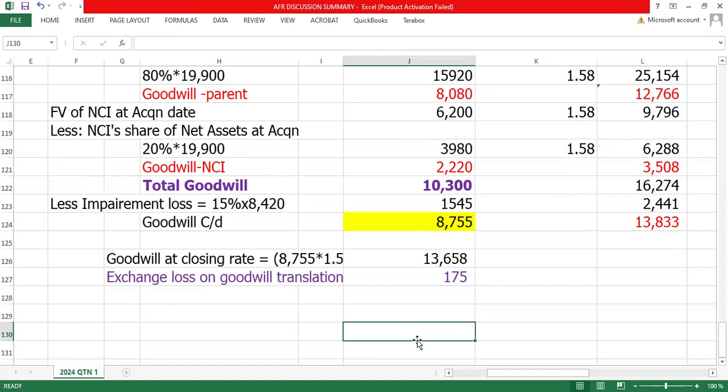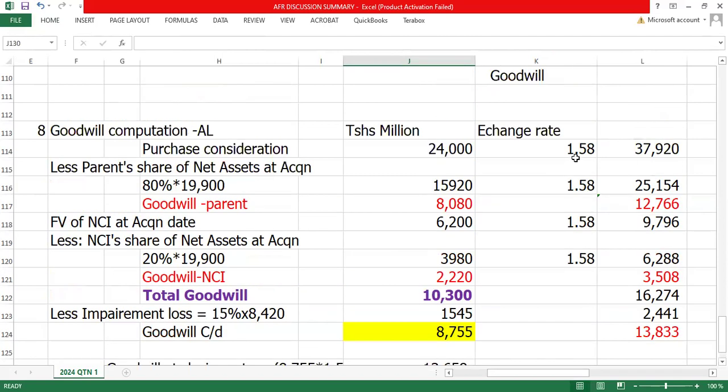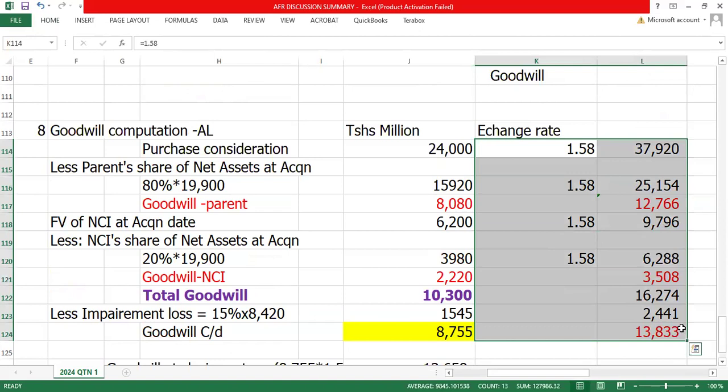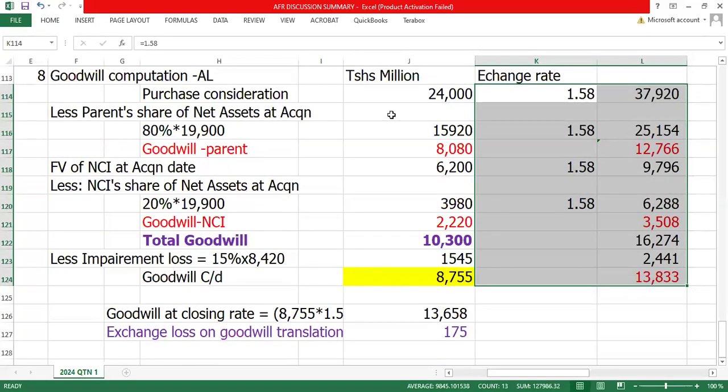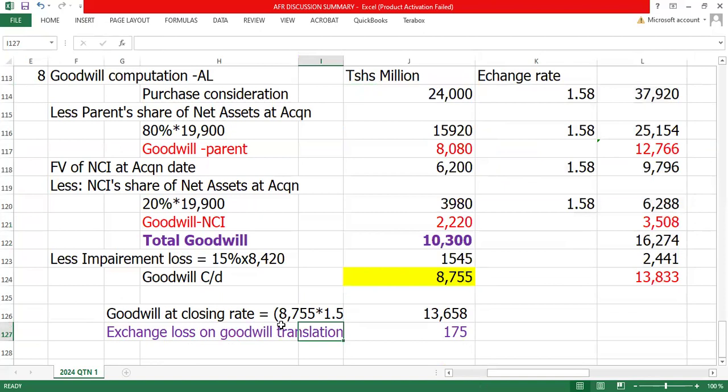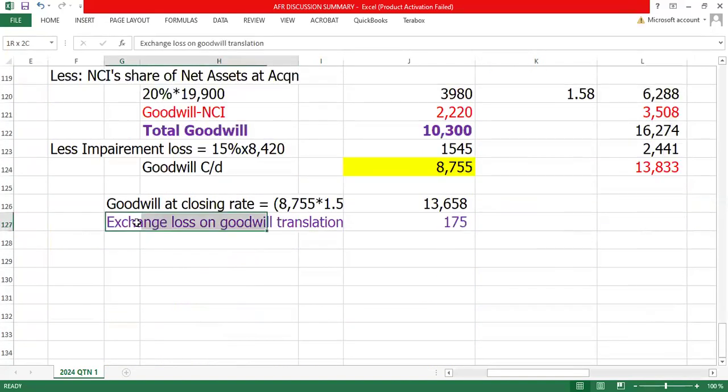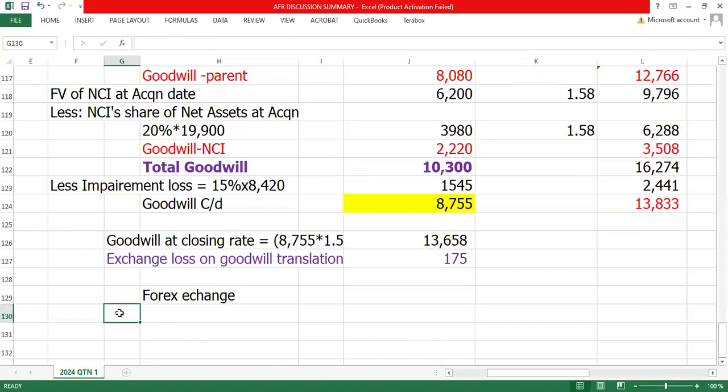Now, what if a person didn't use this approach? For you, you used this. How do you get the exchange loss? Get the goodwill at closing, the goodwill carried down, 8755, then times what was the initial exchange rate? 1.58.